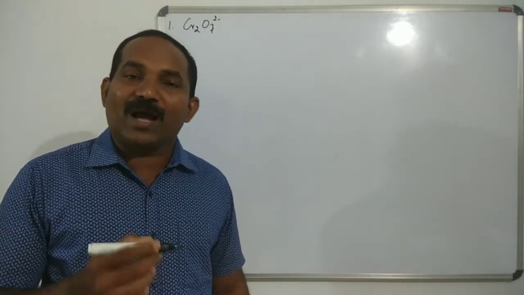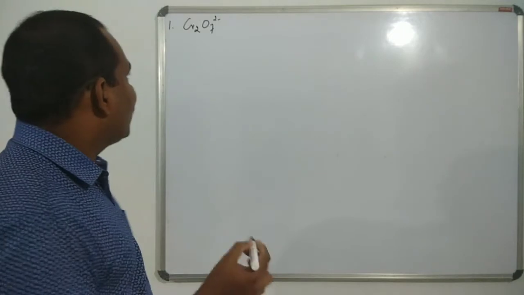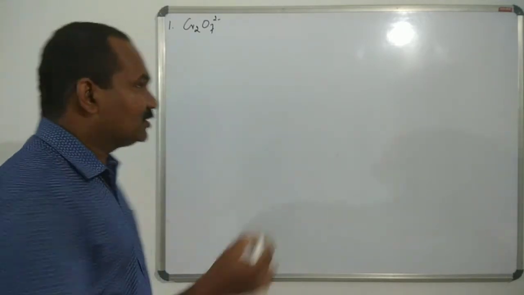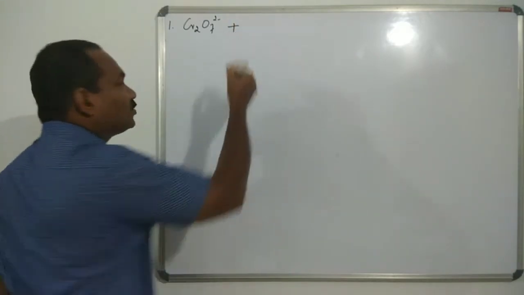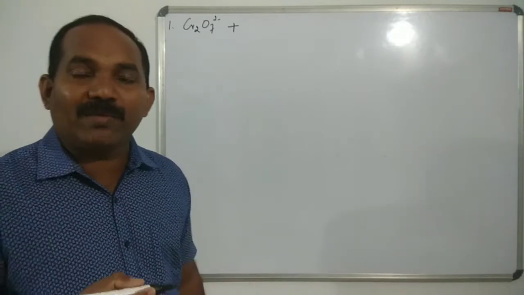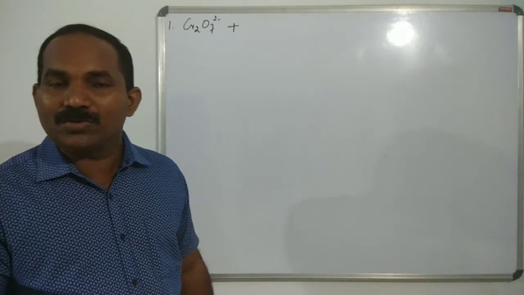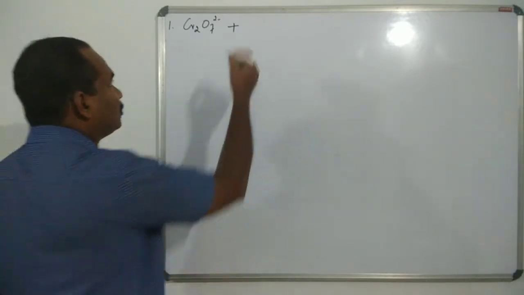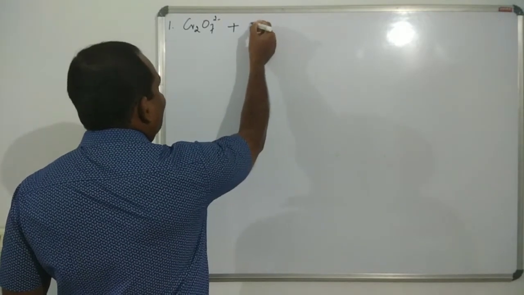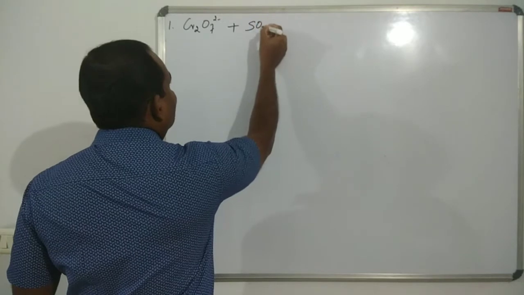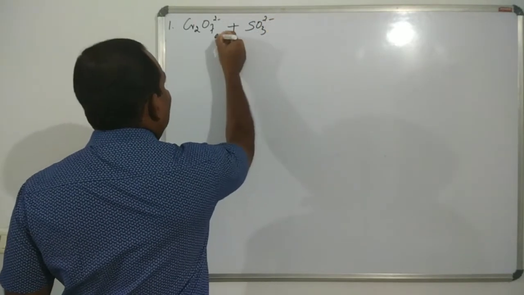So we take the ion, Cr2O7 2 minus plus sodium sulfite. Sodium ion does not change in oxidation number. Potassium also no change in the oxidation number. So for Na2SO3, we write SO3 2 minus. Both are aqueous.